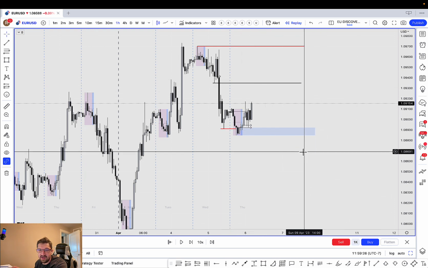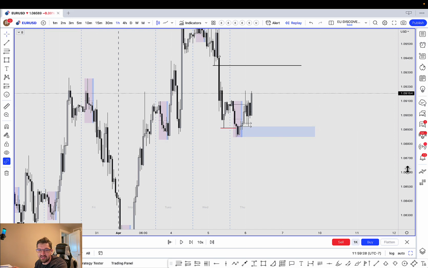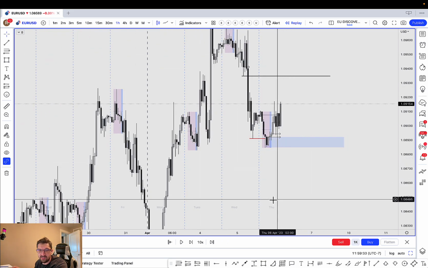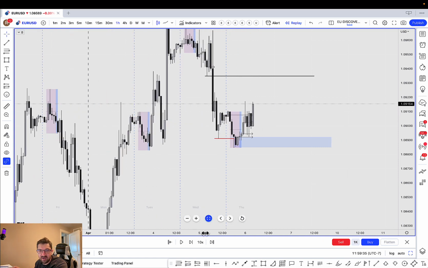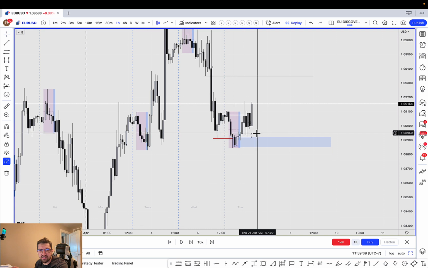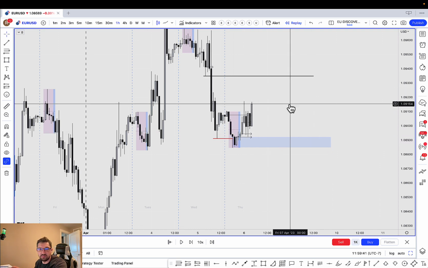Now, the first thing I have to identify is where the liquidity lies and where the inducement lies. As always, with the algo system, we need liquidity to fuel the move.